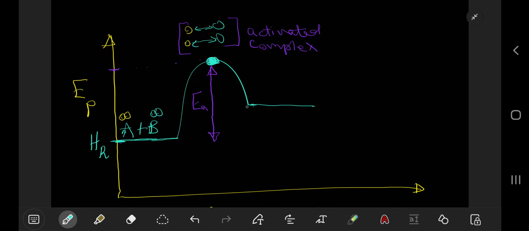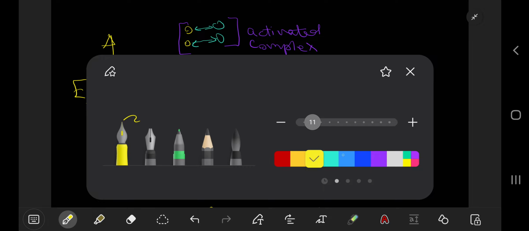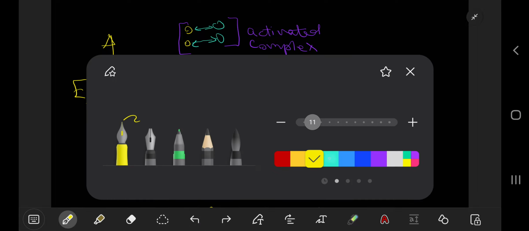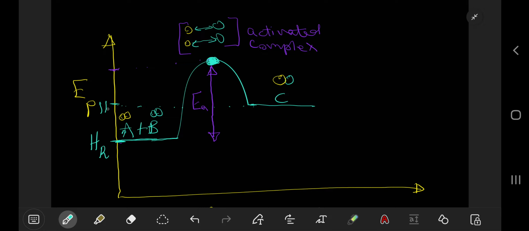So now this energy up there, we now have products whereby we have that product C, and that product C is made up of A and B. So that is product C. That is the heat of products, that value over there.